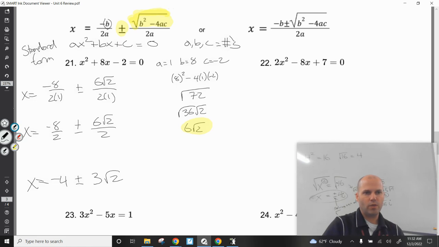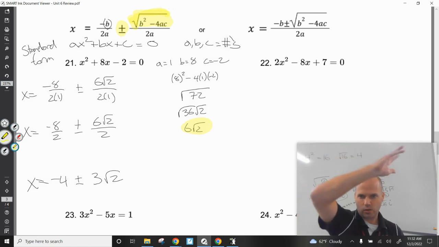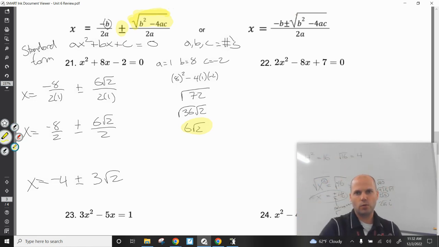I like doing this: work with this part, which we did earlier in the review, first. Okay, and I'm going to do this one using this method. So I got x equals, let's identify: a, b is -8, c is 7. x equals negative b.